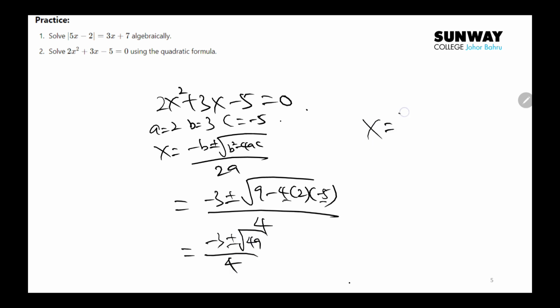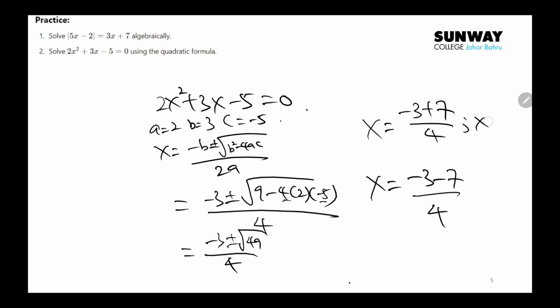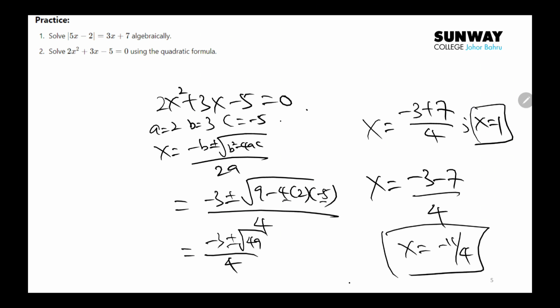So you will get negative 3 plus 7 over 4 or negative 3 minus 7 over 4. x equals 1, x equals negative 11 over 4. So these are the two answers.